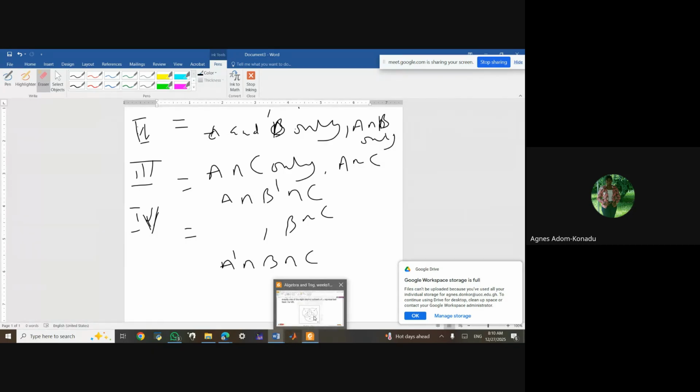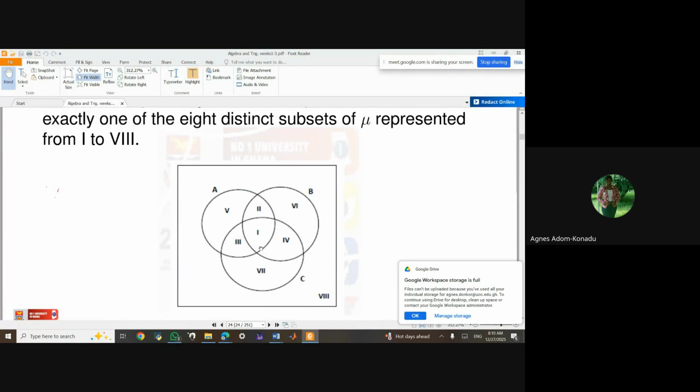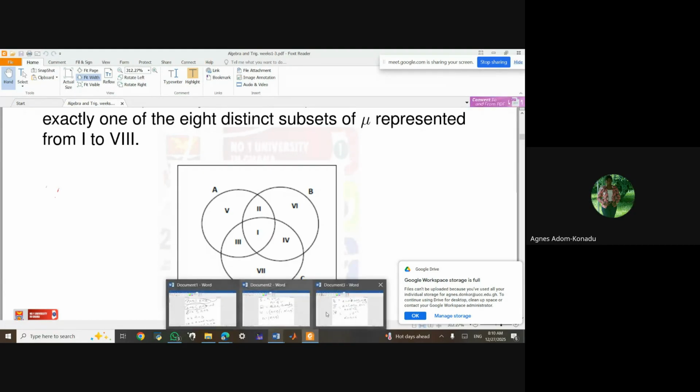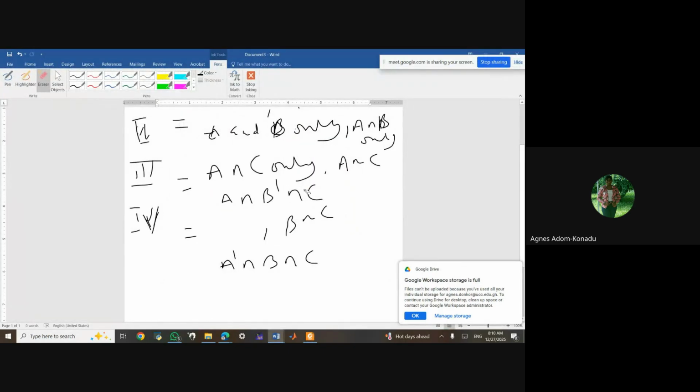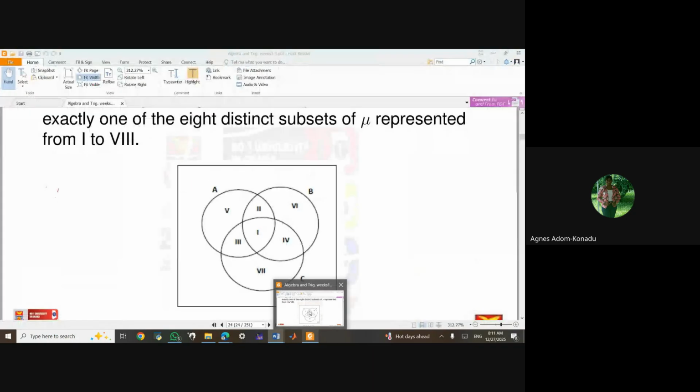Do you accept A intersection C? No. So that one is not in the options. But what about A intersection B complement intersection C? Madam, that will also work. Okay, thank you. We'll compare it with the marking scheme.